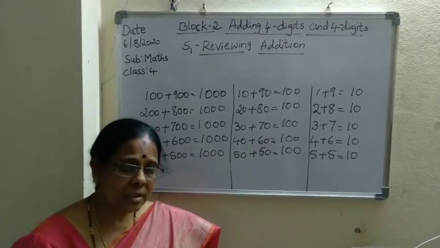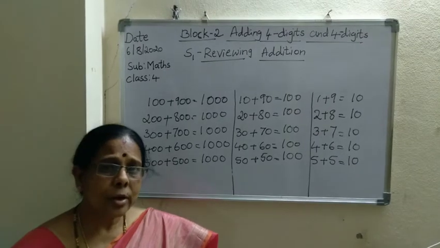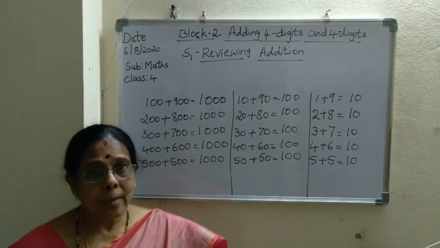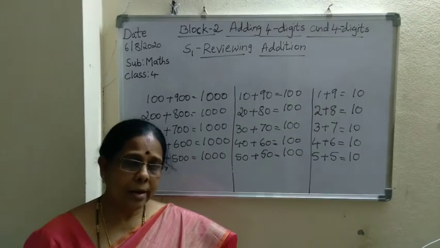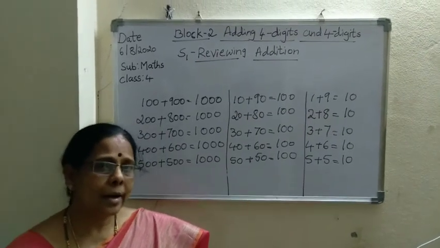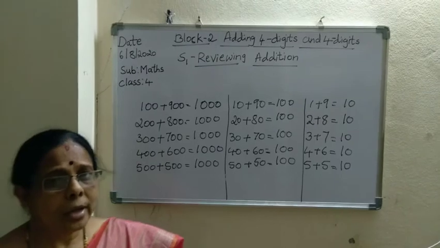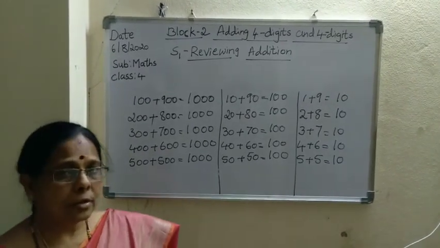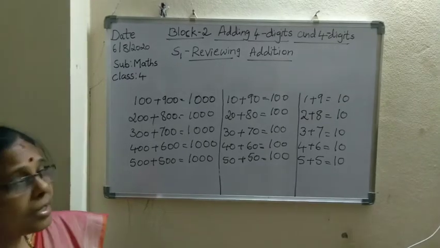Today, in addition sums, first I'm going to explain the combinations of two numbers that add up to 1000, 100 and 10. Okay, first I'll explain the combinations of 1000. Which are the combinations of thousands?